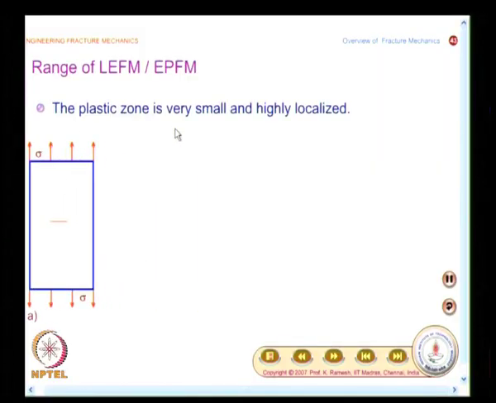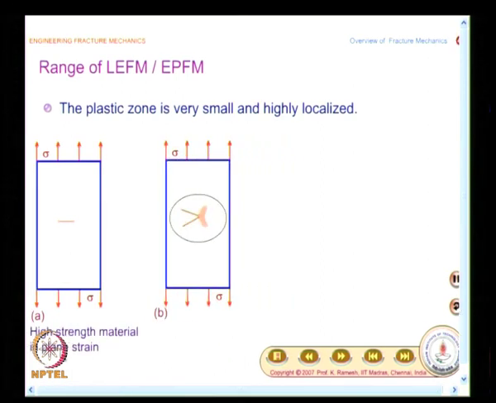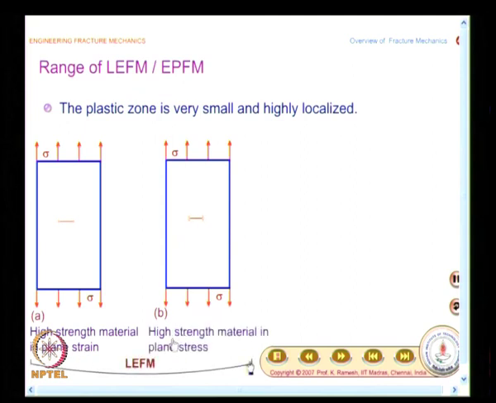The plastic zone is very small and highly localized, and this shows a small schematic of what would be the nature of the plastic zone, and I have this for high strength material in plane strain, then I have high strength material in plane stress. If you watch it carefully, the plastic zone in the case of a plane strain is much smaller than what you have in the case of a plane stress.